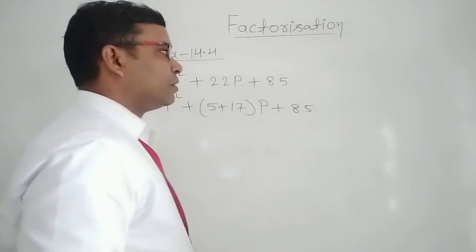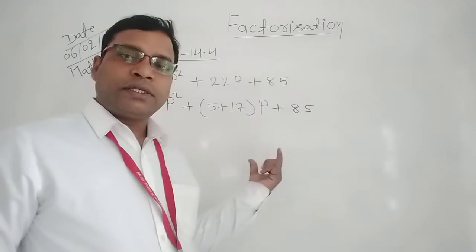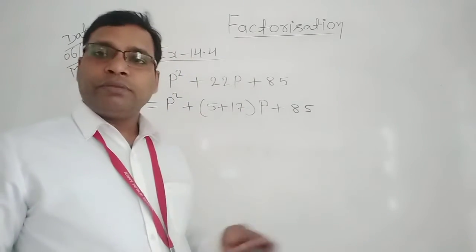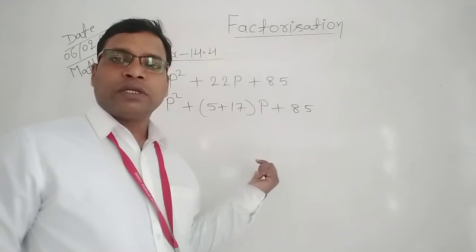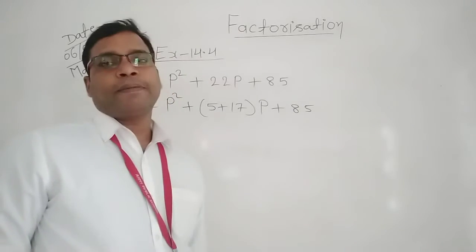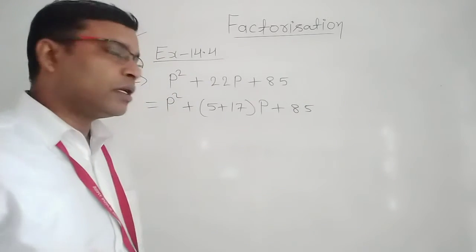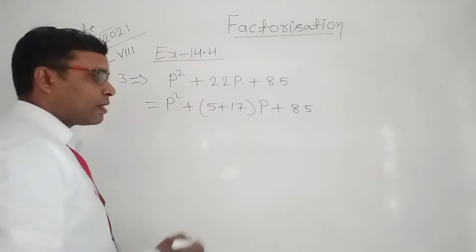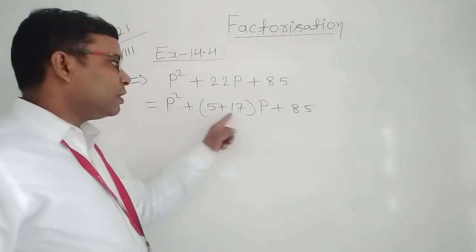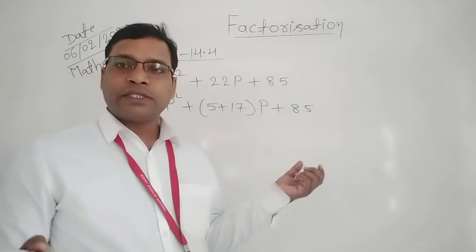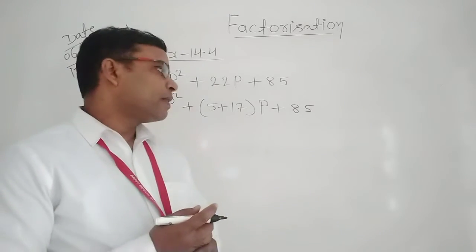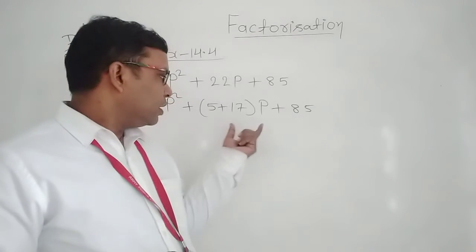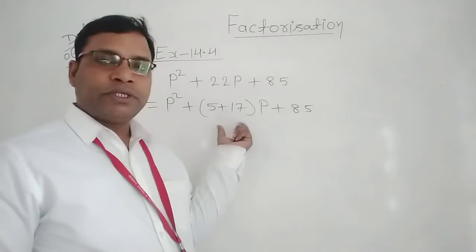You can find the factorization of this trinomial by the direct method. You put the values of a and b and you get the factorization of the given algebraic expression. So here a is 5 and b is 17, and the factorization is (x plus 5) into (x plus 17). Also here you find the same result.